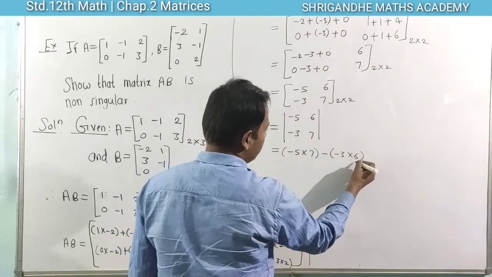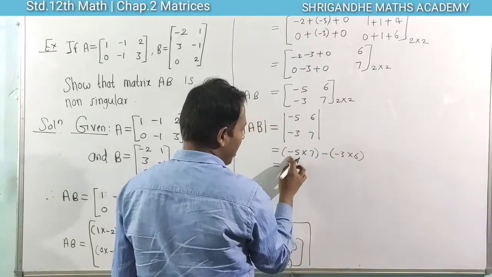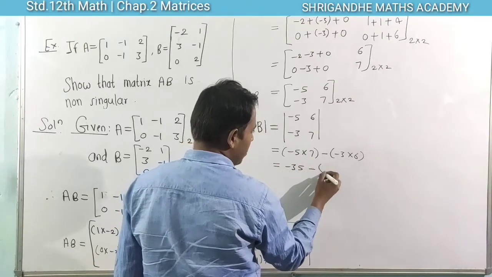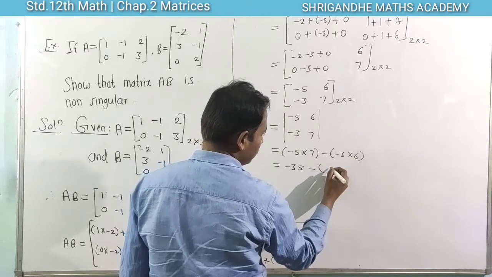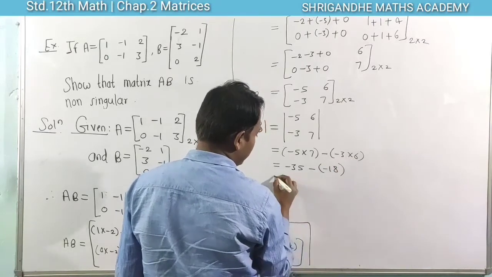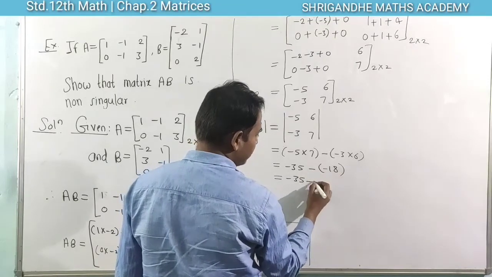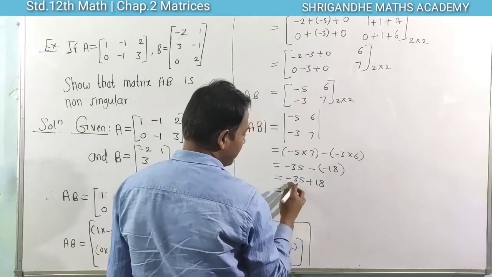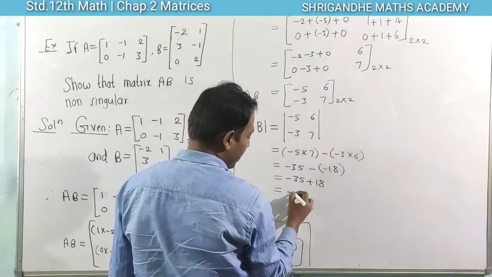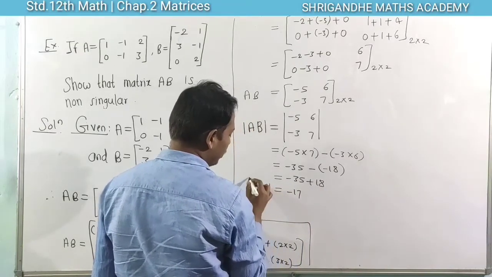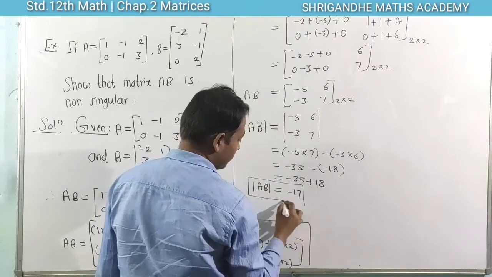Minus 5 into 7 is minus 35, minus 3 into 6 is 18, so minus 35 minus into minus 18 is plus 18, and minus 35 plus 18 equal to minus 17. Therefore we get mod AB is equal to minus 17.